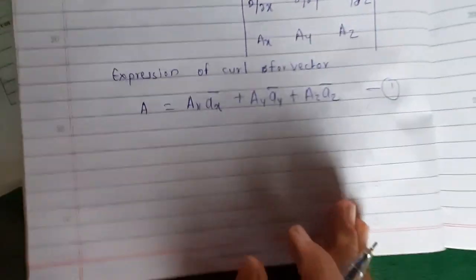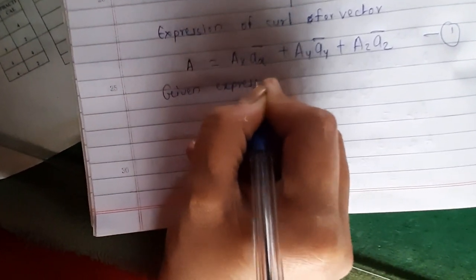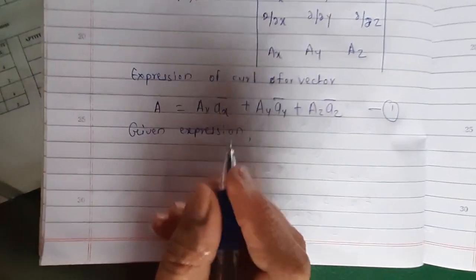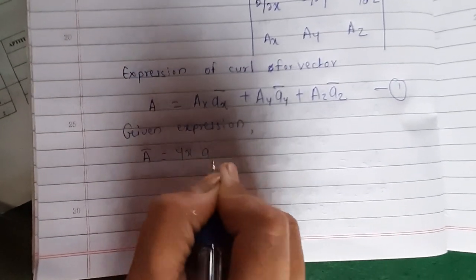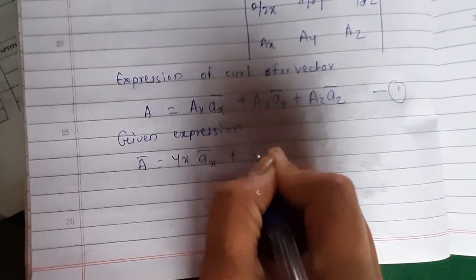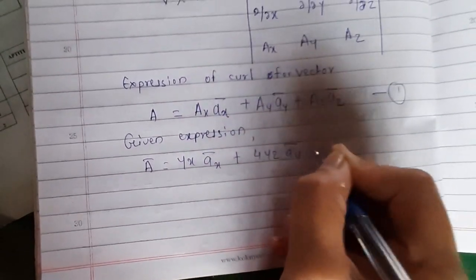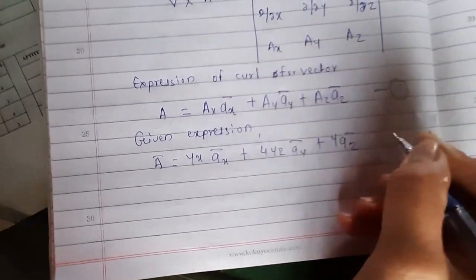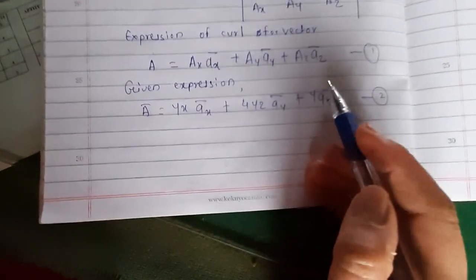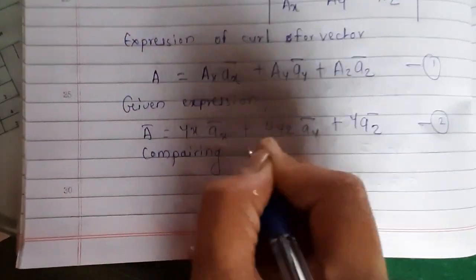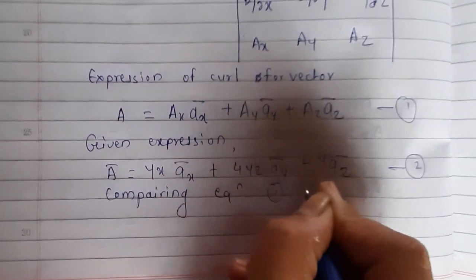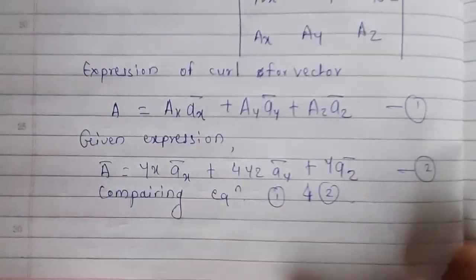This is our equation 2, and the given expression is a bar equal to yx ax bar plus 4yz ay bar plus y az bar. So we compare these two equations, equation 1 and equation 2, and we get the values of ax, ay and az.